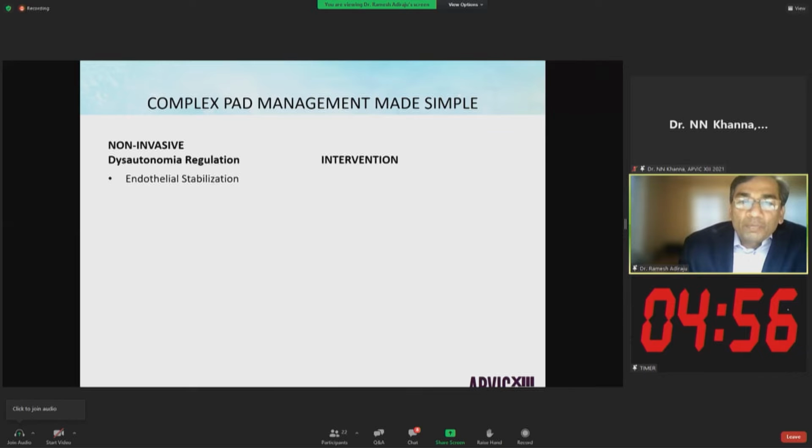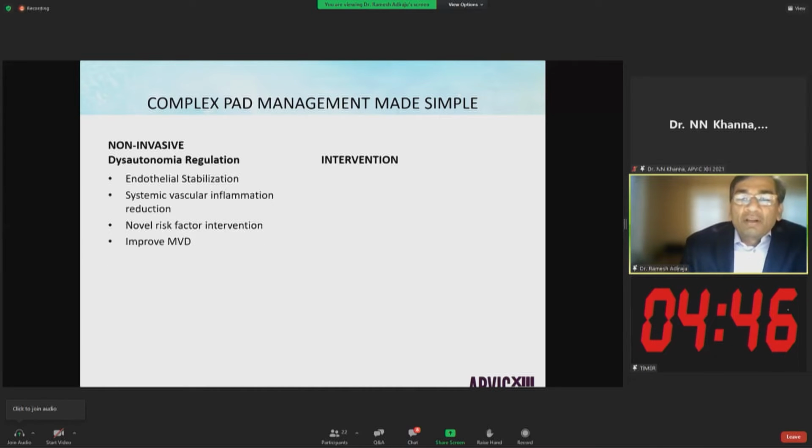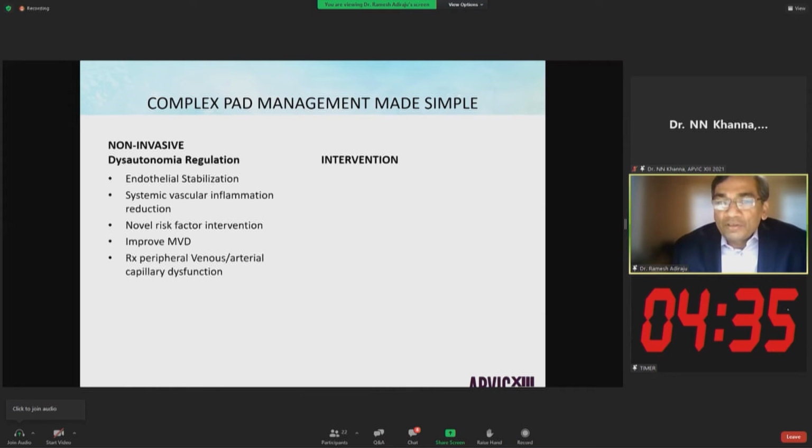Mainly, dysautonomia regulation is to approach and achieve endothelial stabilization, address systemic vascular inflammation, and novel risk factor intervention, which is diabetic systemic vascular disease management, and improve microvascular dysfunction, which is what causes these patients to have distal complications that cause limb loss and critical limb ischemia.